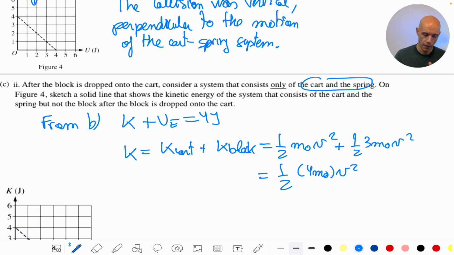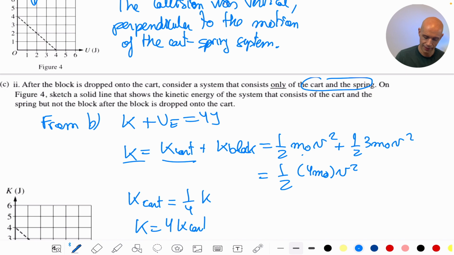So it would be nice to know how much is K cart in terms of K total. K total is this guy. So this is 1/4. You see, you divide by 4, 1/4 of K total. In other words, you can write K as 4 times K cart, at any time.